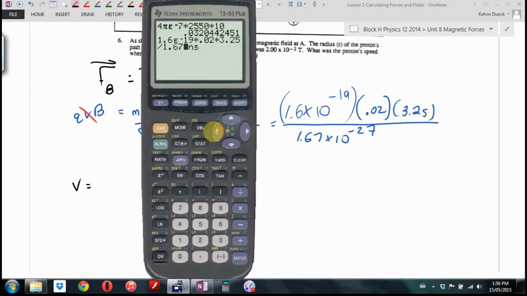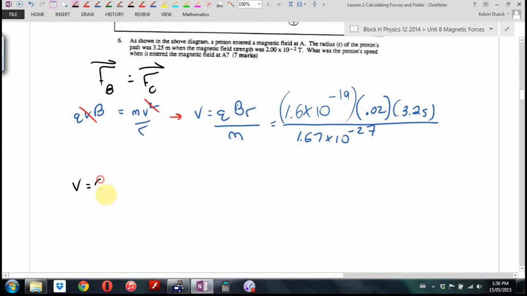Scientific notation. That's the wrong button. Scientific notation. You should get a speed in this 10 to the 6. Yeah, okay, that looks about right. They move fast. 6.23 times 10 to the 1, 2, 3, 4, 5, 6. Yeah. Okay.